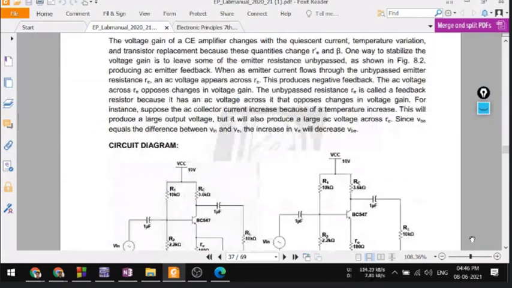For that, let me show you the reading table. Let me jump to the next one, which is nothing but the swamp amplifier. Now in the swamp amplifier, look, the same circuit is there.